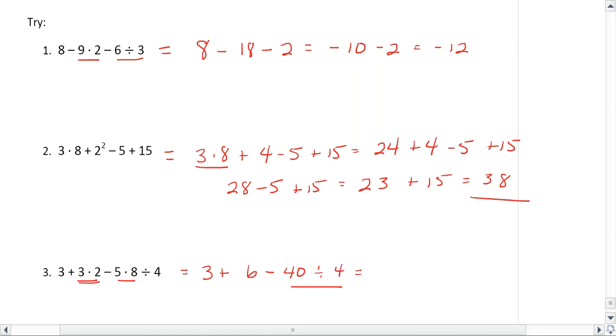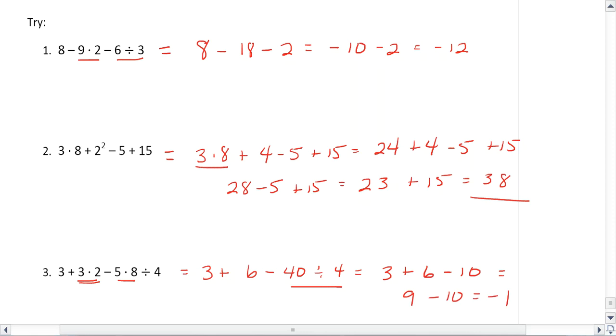Again, here the dividing is first in PEMDAS. So minus 40 divided by 4 is negative 10. And now I have 9 minus 10, which is negative 1.